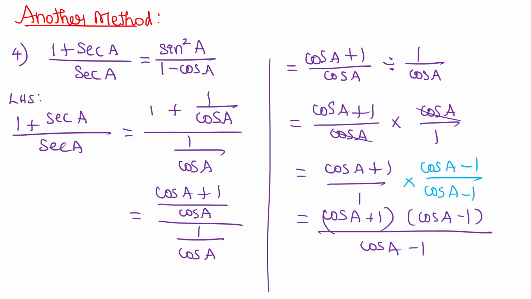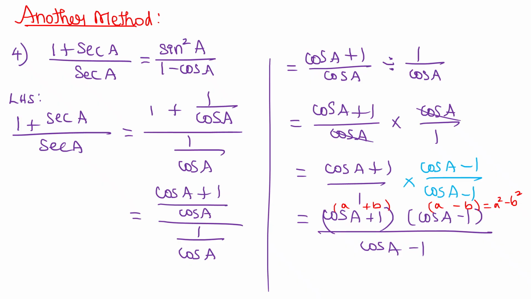Now here you have (A plus B) and (A minus B), and (A plus B) into (A minus B) will result in A square minus B square, right? So you will get cos square A minus 1.